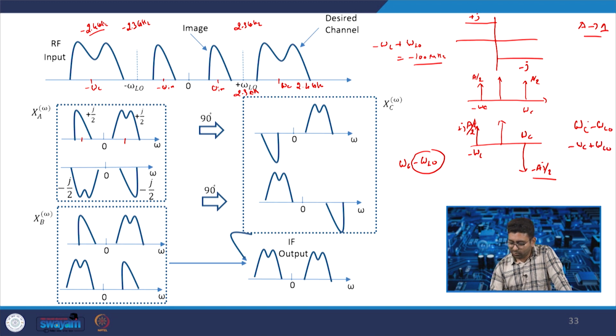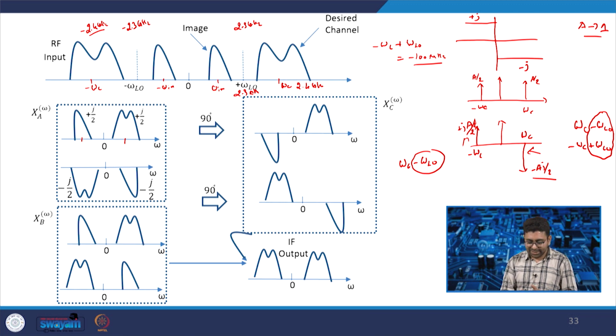So, this will give you the positive frequency. Which omega LO you should use, you will come to know from this equation. For this case you should consider minus, and for this case you should consider plus, and minus j by 2 will be multiplied and plus j by 2 will be multiplied.